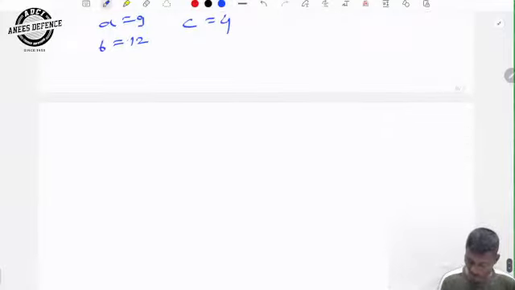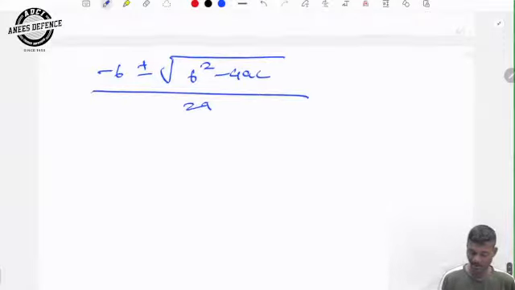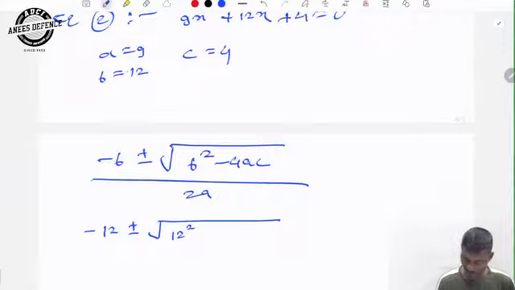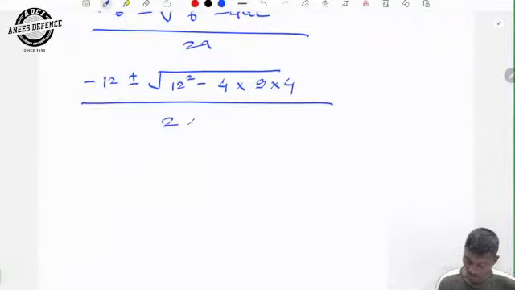So by putting these values in the quadratic formula, we'll get minus 12 plus minus under root 12 square minus 4 into 9 into 4 divided by 2 into 9.